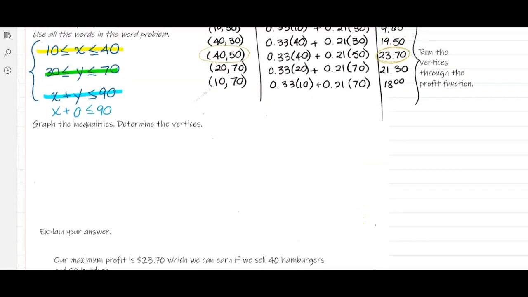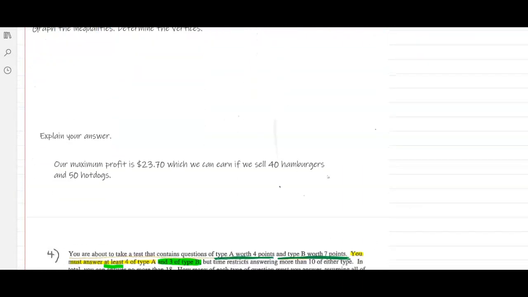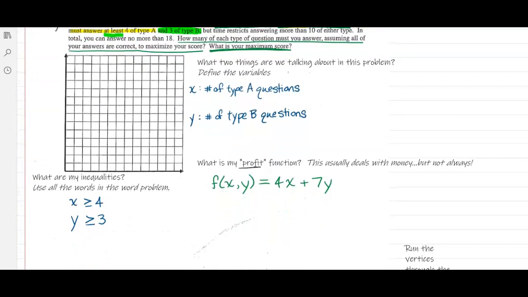Now remember, we always have some implied constraints. We did on the hamburger and hot dog problem and on this one as well, meaning we can't sell negative hamburgers and hot dogs. We can't get negative type A questions right. We could get 0 of them right, but we can't get -1 of them right. So we know that they must be greater than or equal to 0, but these take care of that.